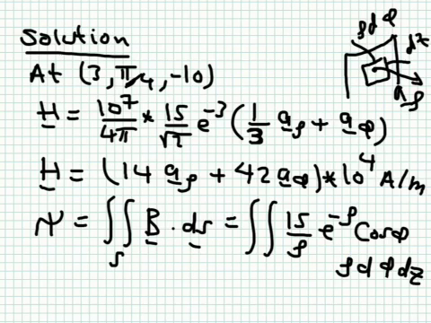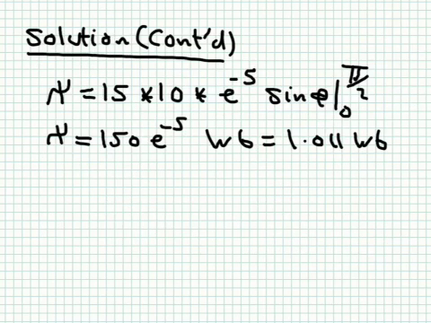So now we do that. Rho will cancel with rho. The integral of dz is from 0 to 10, so it will give you 10. For the e to the minus rho, you put rho equal to the size of the cylinder, and then you integrate cosine phi. The integral of cosine phi will give you sine phi. So you put all this together. You can see I integrated z, I got 10.